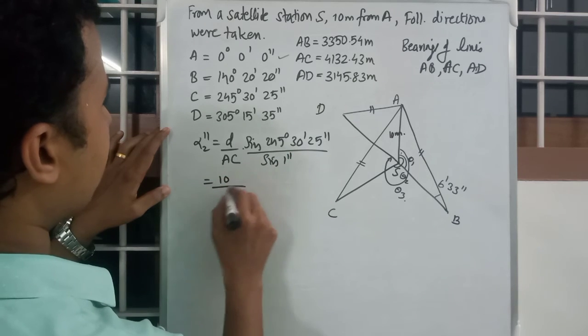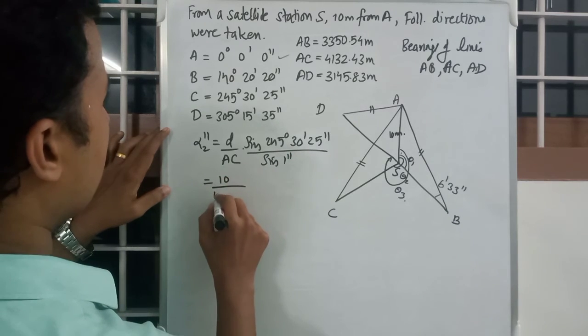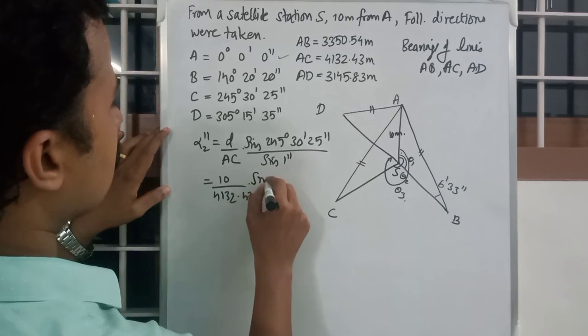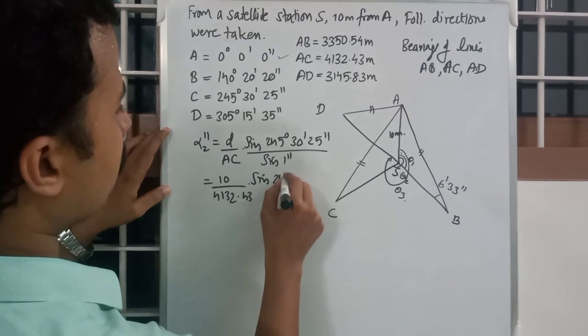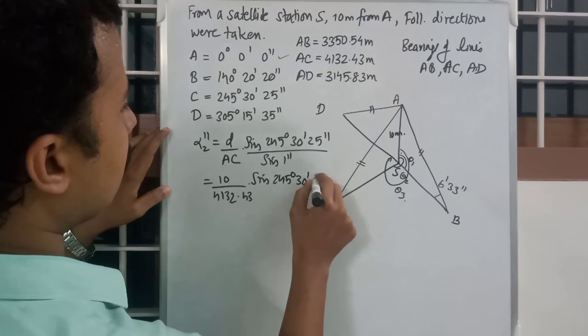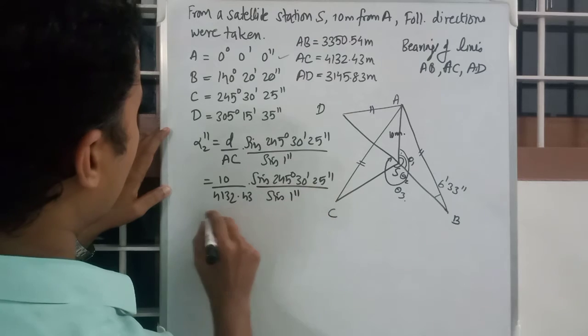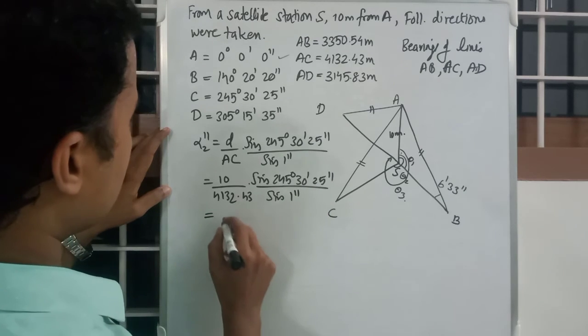That is 10 by AC, which is 4132.43, times sine 245 degrees 30 minutes 25 seconds, by sine 1 second.